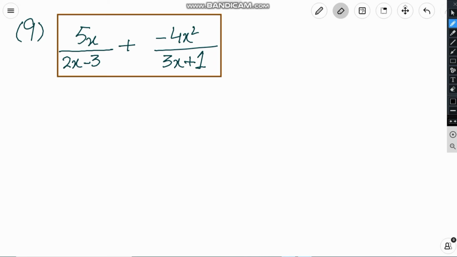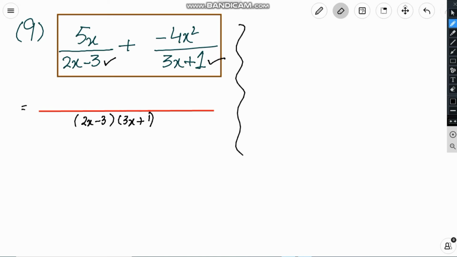So let's solve it. First, place a line here as usual. Now write both the factors, that is 2x minus 3 and 3x plus 1. Now take your first expression, 5x over 2x minus 3. Multiply it with 2x minus 3 and 3x plus 1.